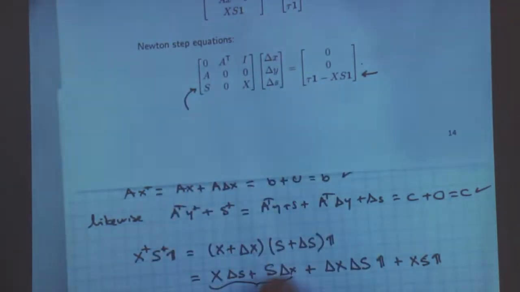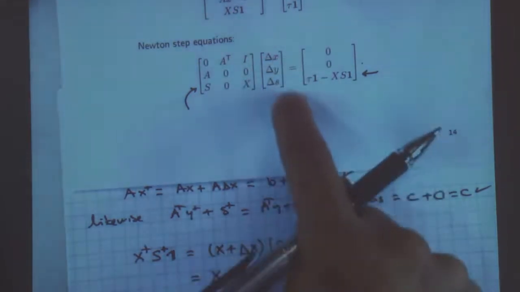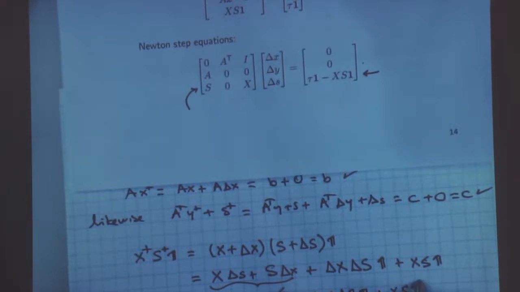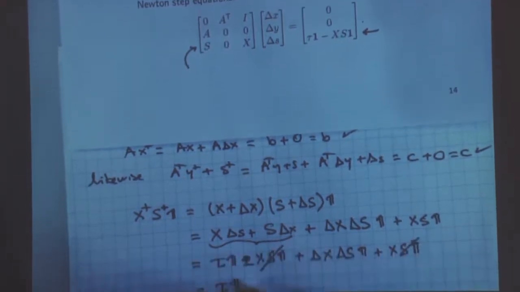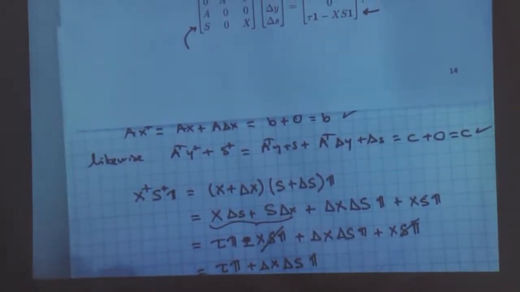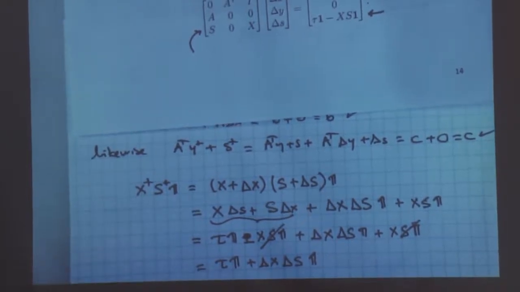So since the Newton step solves those equations, this part here is tau 1 minus XS1. So this part is equal to that, and then we have delta X delta S1 and XS1. So this guy cancels, and we get tau 1 plus delta X delta S1. Okay?